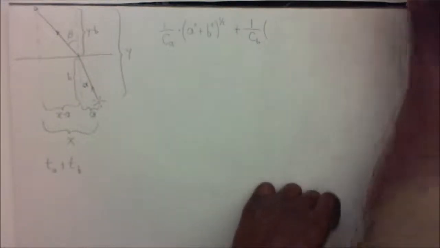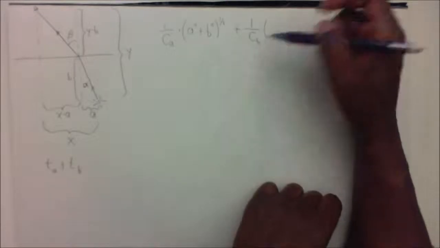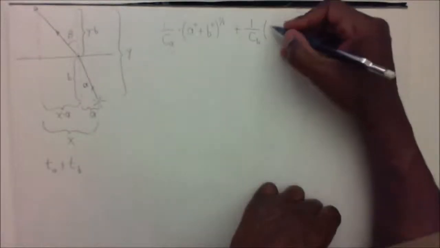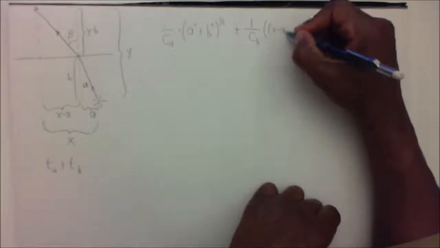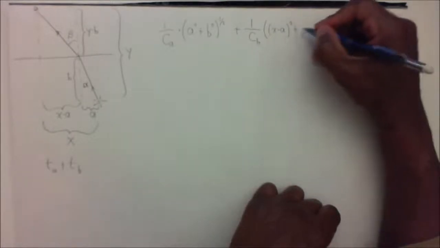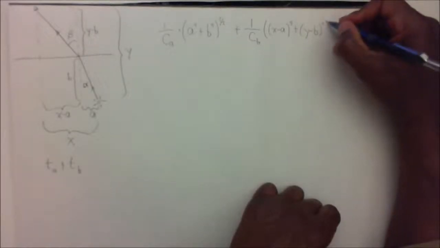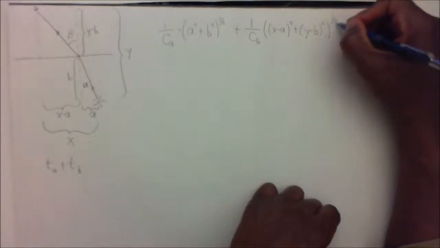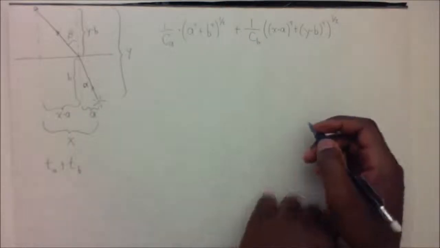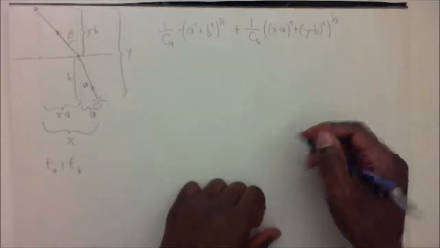So the distance it takes to travel through B is going to be x minus a squared plus y minus b squared, raised to the 1/2 power. Now I'm going to take the derivative with respect to a.